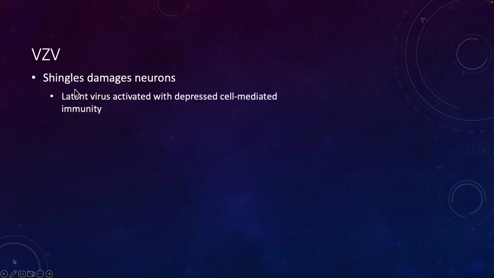Shingles, so that herpes zoster, that recurrent manifestation of the virus, will damage the neurons. It can be very painful. The latent virus will be activated with a depressed cell-mediated immunity. So we tend to see shingles in patients who are older, in patients who are immune compromised, in patients who have other sort of complications.